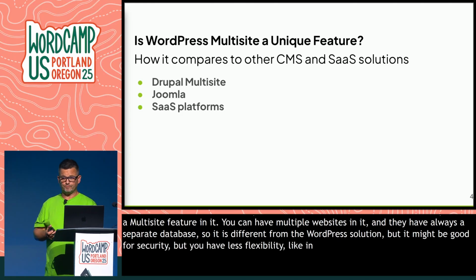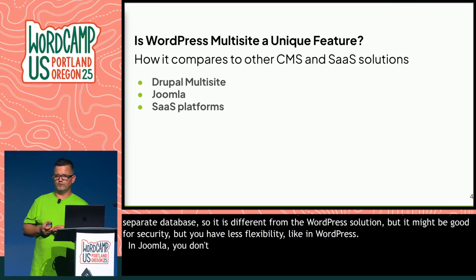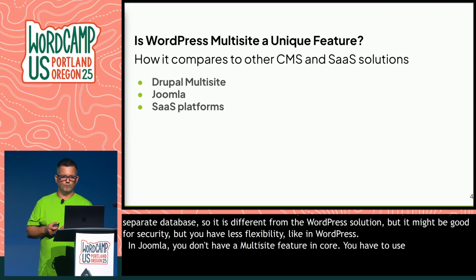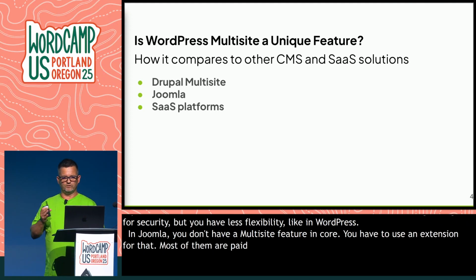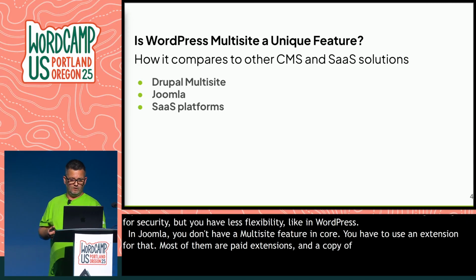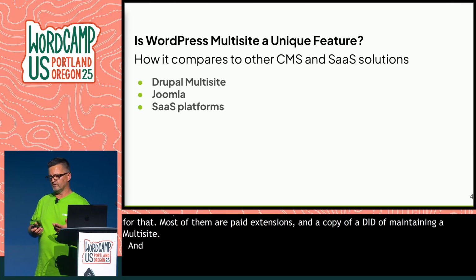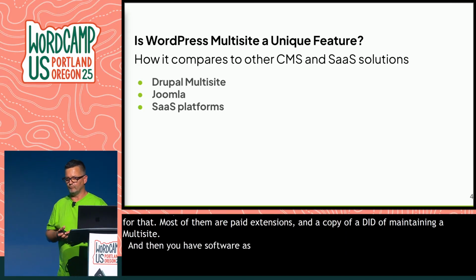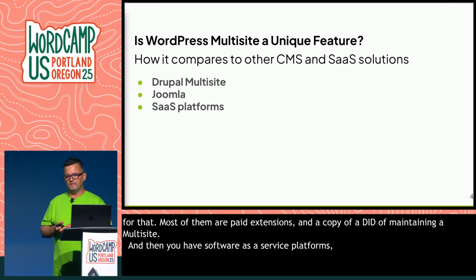In Joomla, you don't have a multi-site feature in core. You have to use an extension for that. Most of them are paid extensions, and they copy a bit the idea of maintaining a multi-site. And then you have software as a service platforms, like Shopify Plus, Wix and Squarespace.